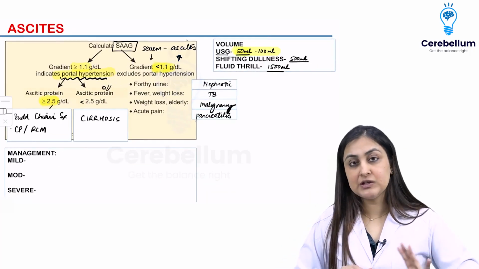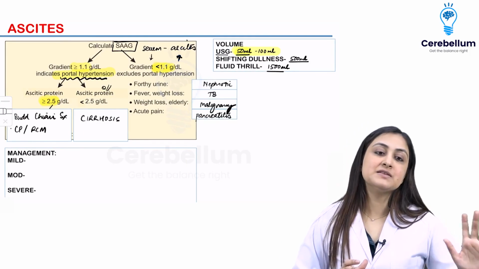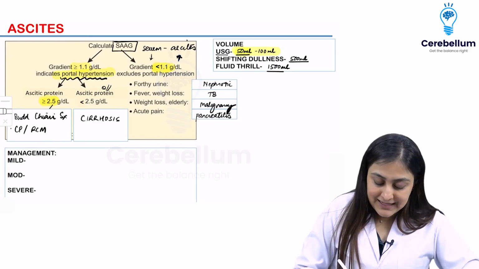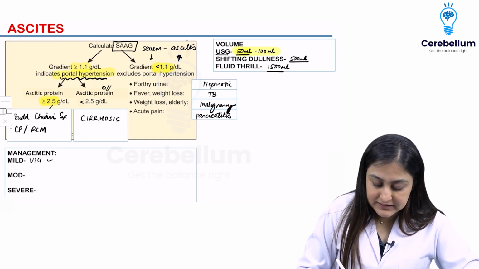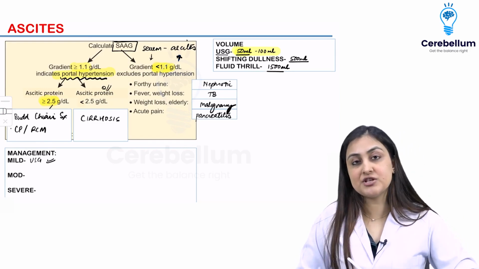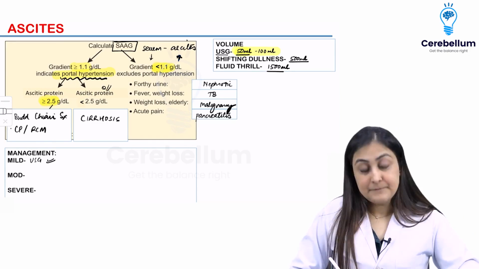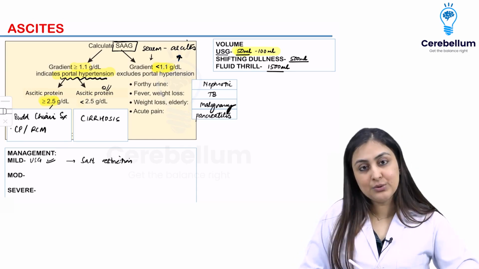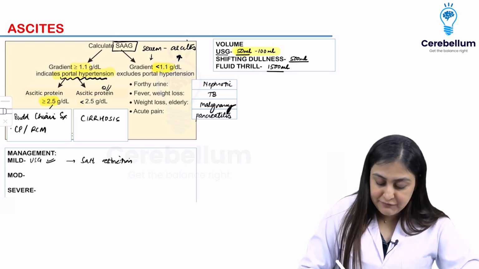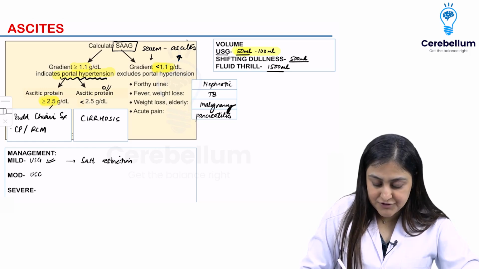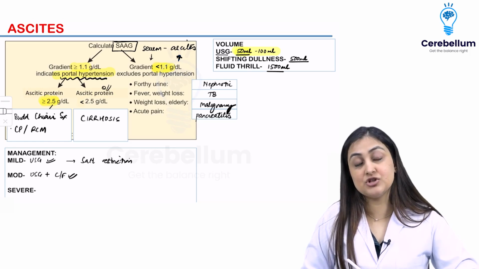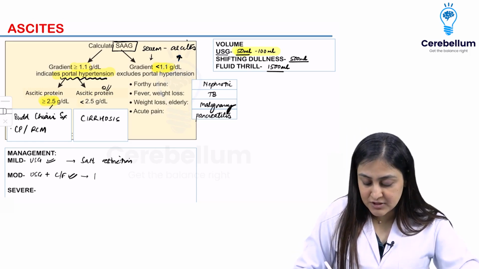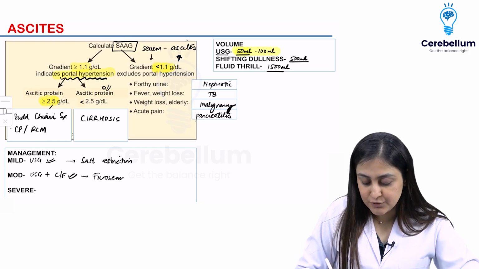So management is going to be dependent on whether the ascites is mild, moderate or severe. Mild is when the patient does not have any clinical feature, it is just the ultrasound which has detected the ascites. So here what you do is just salt restriction. Alright, so salt restriction is the first line thing that you would do if it's only mild ascites. If it is moderate ascites, meaning ultrasound is also showing and you have clinical features of abdominal distension as well, in this case, the drug that would be the first line is furosemide.